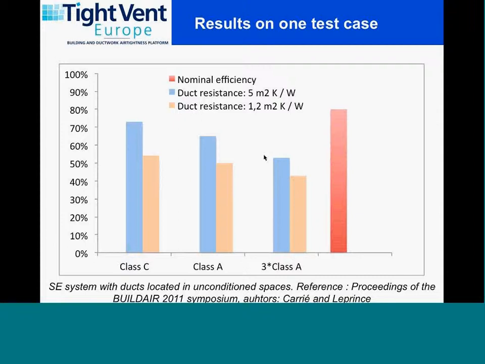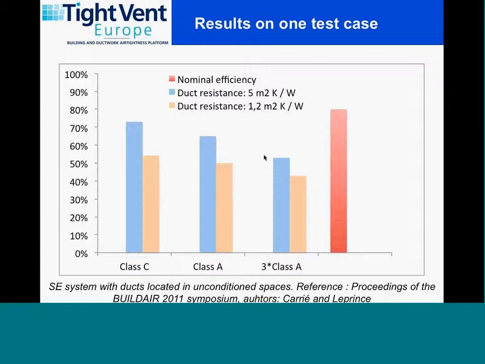So here I've taken a slide from an article which I just presented at the Buildair Symposium in May in Berlin, a few weeks ago. In this slide, what you see is the efficiency of a heat recovery unit. The test case was a house with a ventilation system with a heat recovery unit, and the normal efficiency of the heat recovery unit is 80%.